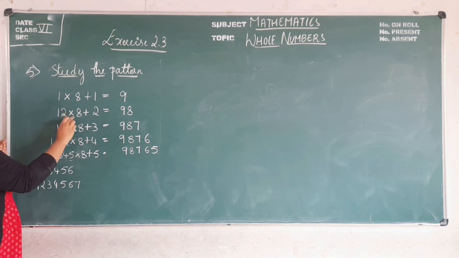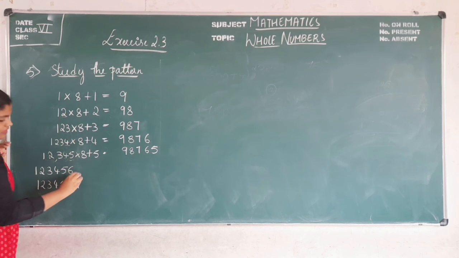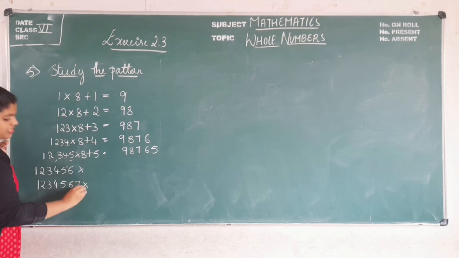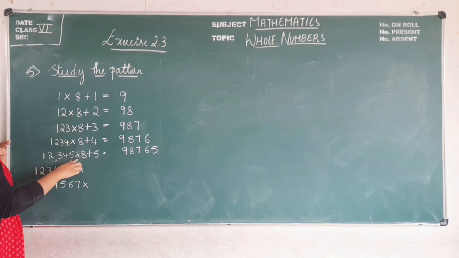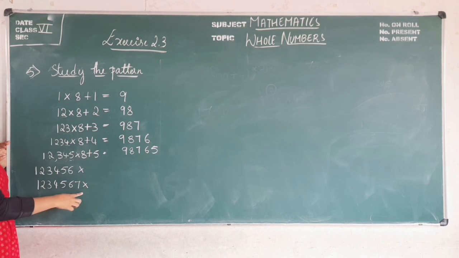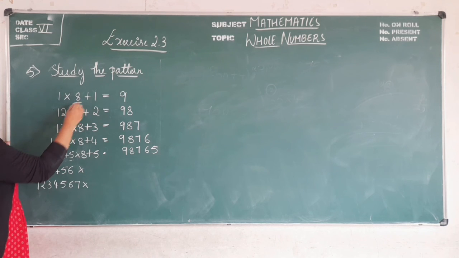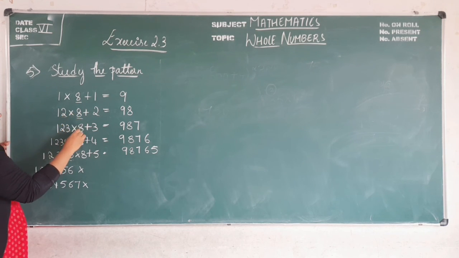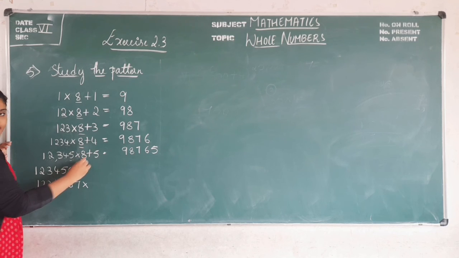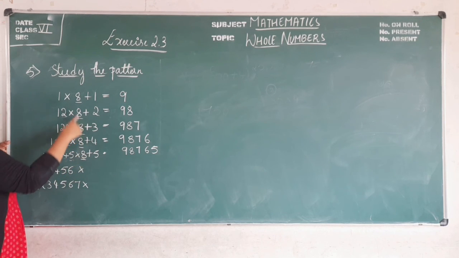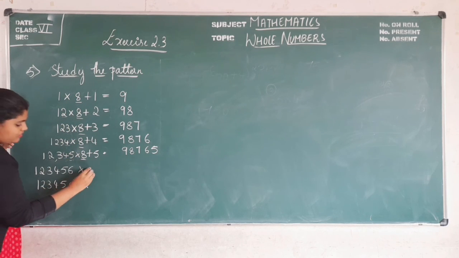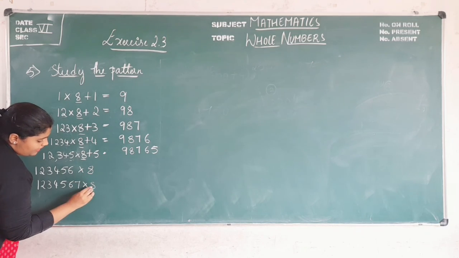Then in each case the into sign is there, so you write the multiplication sign. We have written the multiplication sign in these two equations. Now if you see the second whole number, in each of the cases it is 8. So again we are writing 8.